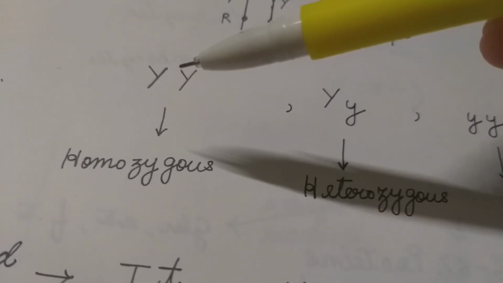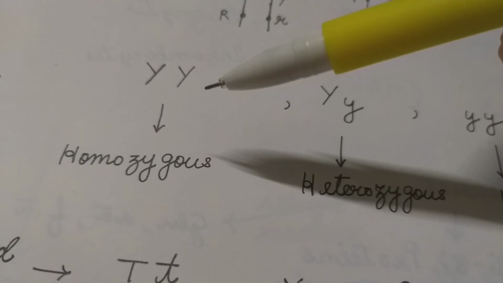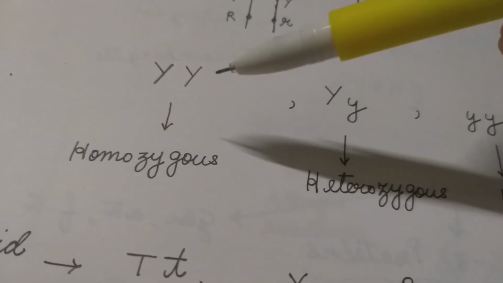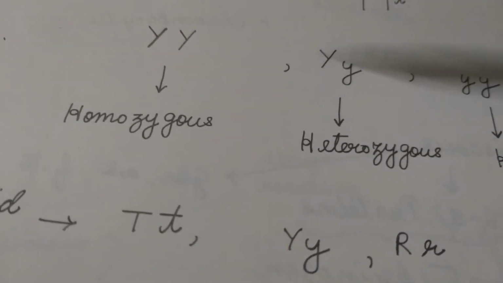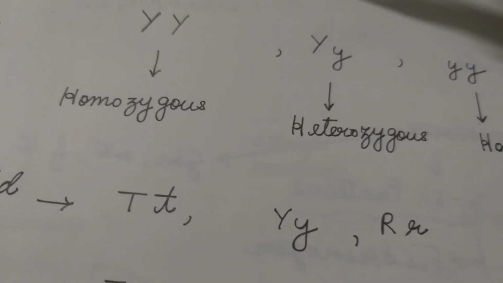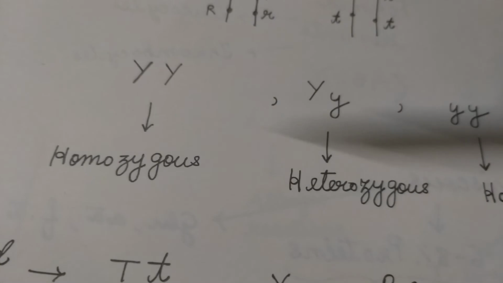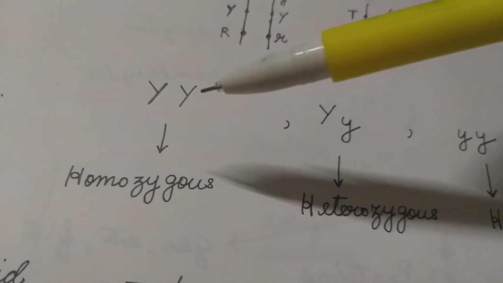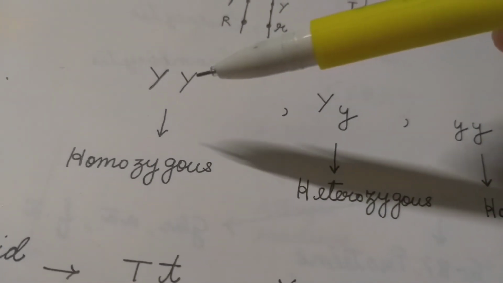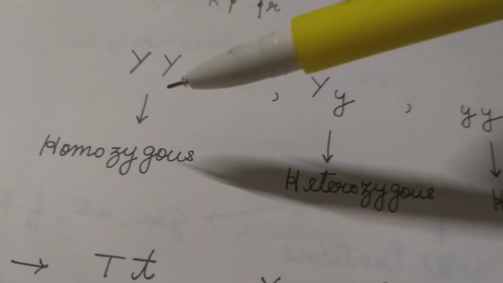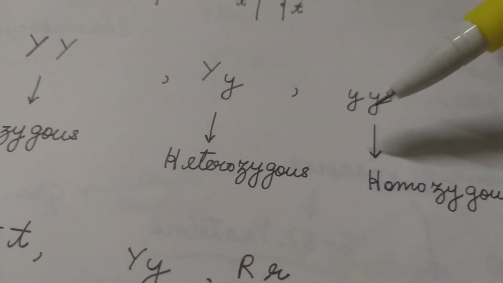Gamete formation involves meiosis. Chromosomes are separated. Alleles are separated. So we represent gametes, which are haploid, by a single letter, and we represent a diploid organism by two letters. So this is homozygous, heterozygous, homozygous.